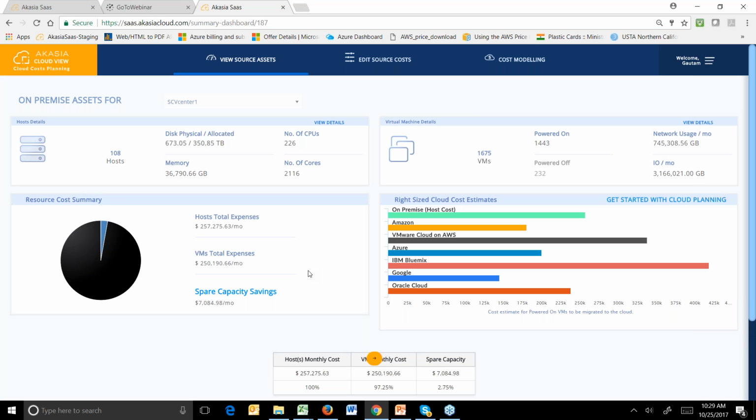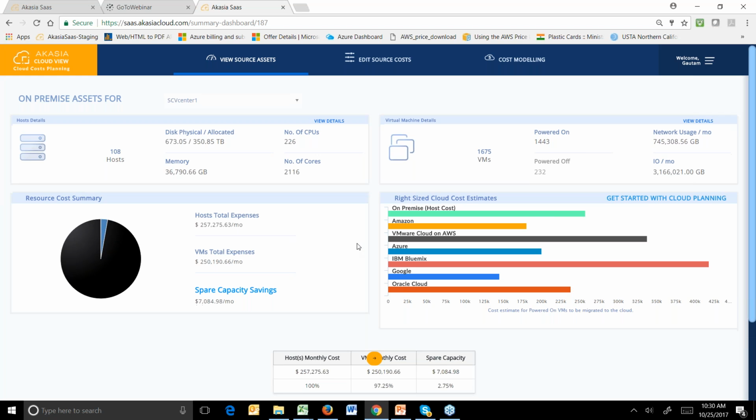But we encourage you to edit the cost that we've come up with to your real cost. You could do that by doing edit source cost here, and I'm not going to do that right now. In other words, this is a cost that we have estimated. You can apply your real cost here so that you can do a real comparison as well.